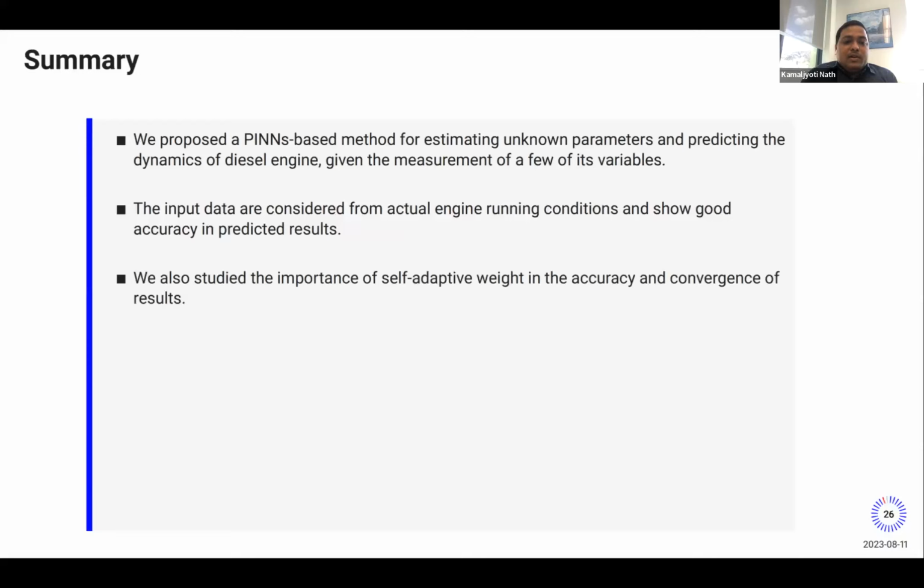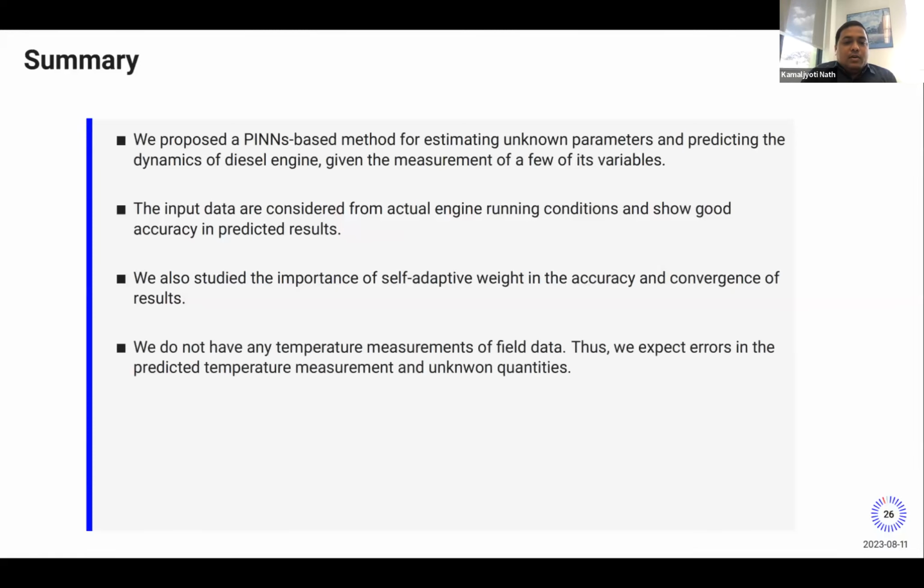For that we use self-adaptive weights because of the very fast dynamics, and it shows very good convergence. We don't have any temperature measurement because it is very difficult, so we didn't consider it for the present study, and thus we expect some errors in the temperature and the unknown quantities.